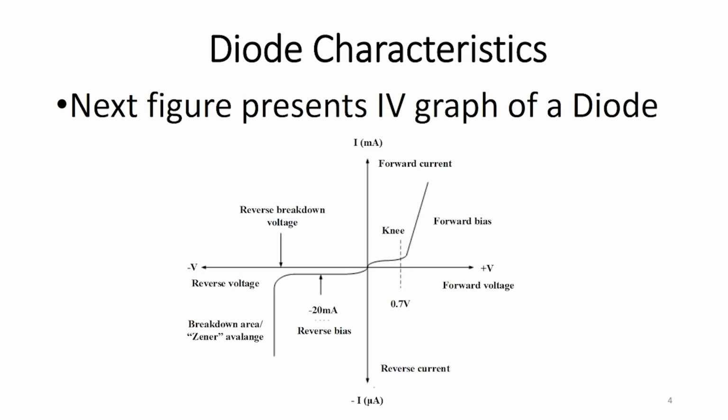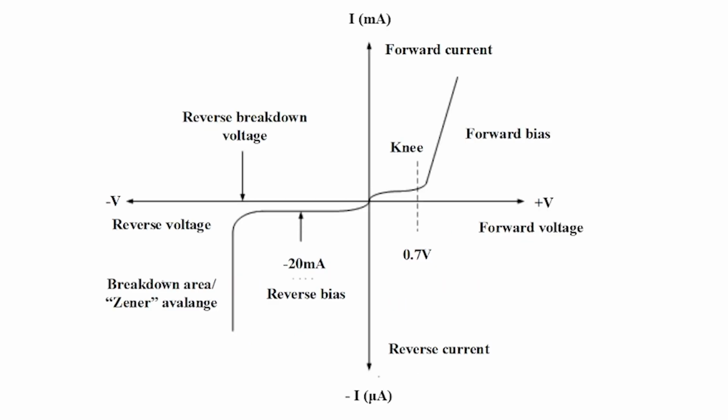Next figure presents the IV graph of a diode. In the right part of the graph, there's the forward bias area. We see that up to about 0.7 volts, the current is very low. After that, there's a knee.